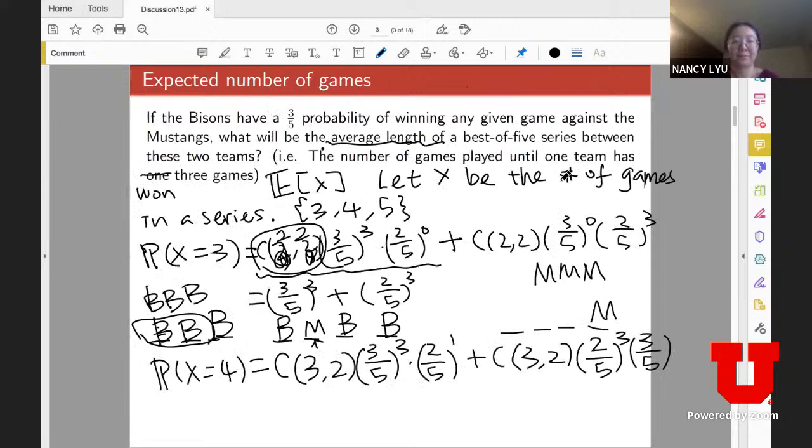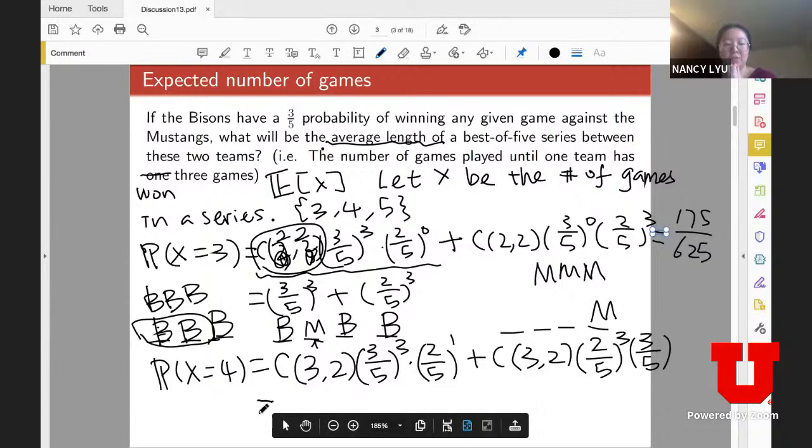So if we go back here, the probability that the length is 3 should be some number like 175 over 625, and the probability that the length is 4 is, let's see, 234 over 625.